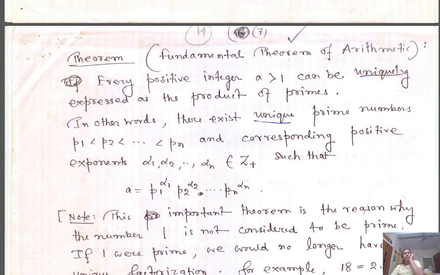Okay, so this proof is also an existence proof. How to find these primes is not discussed. There is no algorithm given to find the unique factorization. Actually, given a very large integer, getting this factorization is a very hard problem, and many cryptosystems are designed based on the fact that you will not be able to factor that number very easily.